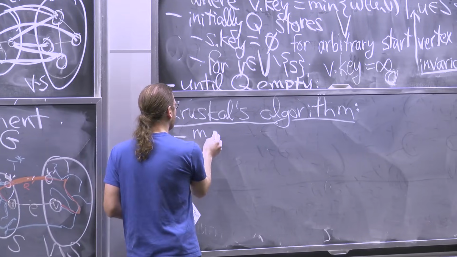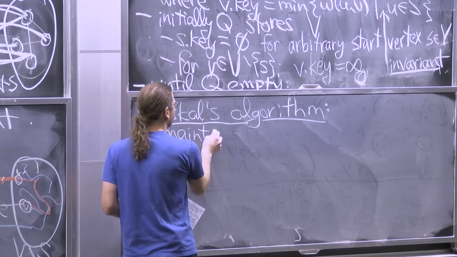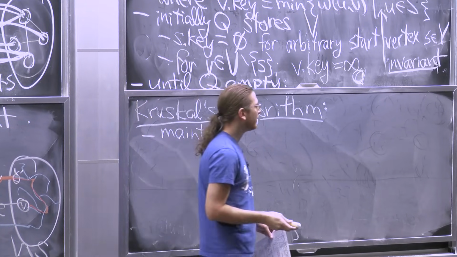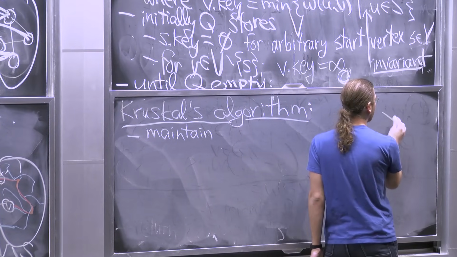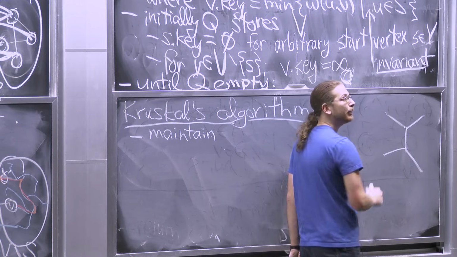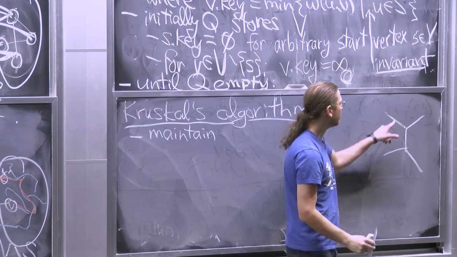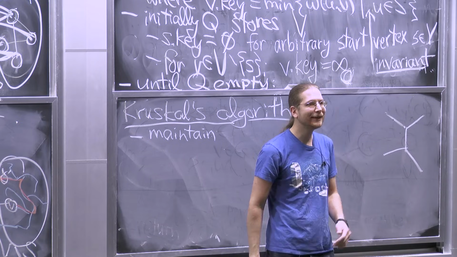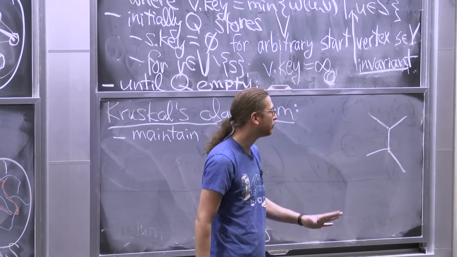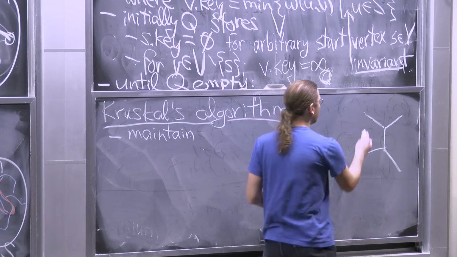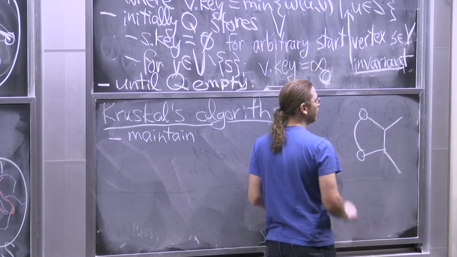And there's a catch. The catch is, suppose I've picked some edges out to be in my minimum spanning tree. Suppose this was the minimum weight, and this was the next minimum, next minimum, next minimum. Suppose that at this point, after contracting those edges, the minimum weight edge is this one.